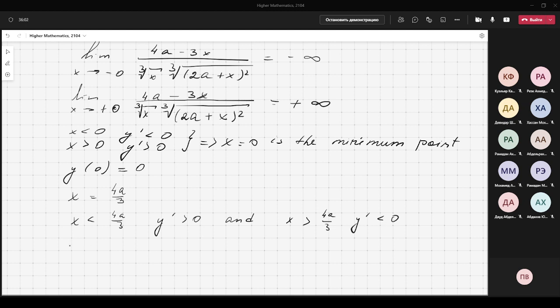Thus at x equals 4a over 3, the function has a maximum.